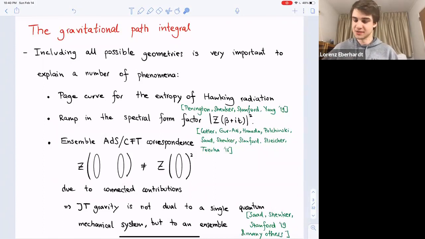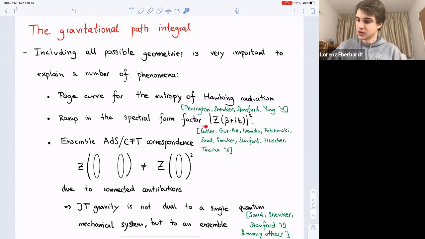Some very breakthrough results here were that you could reproduce the Page curve for the entropy of Hawking radiation, and basically the second part of the curve is due to wormholes. And then also wormholes lead to the ramp, the linear region in the spectral form factor.